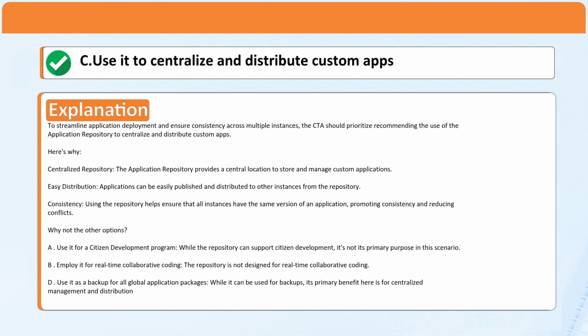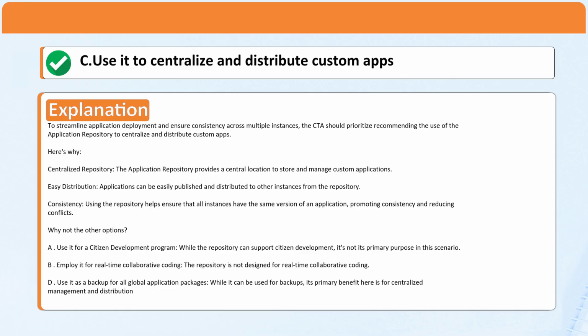The application repository provides a central location to store and manage custom applications. Easy distribution. Applications can be easily published and distributed to other instances from the repository. Consistency. Using the repository helps ensure that all instances have the same version of an application, promoting consistency and reducing conflicts.